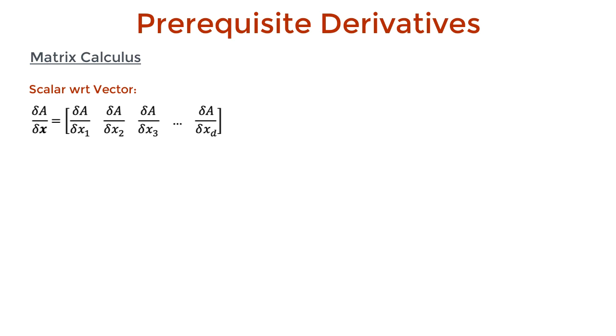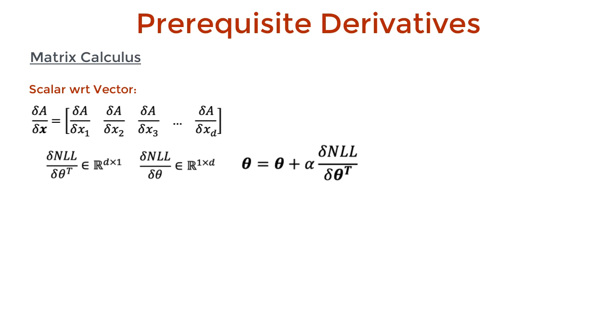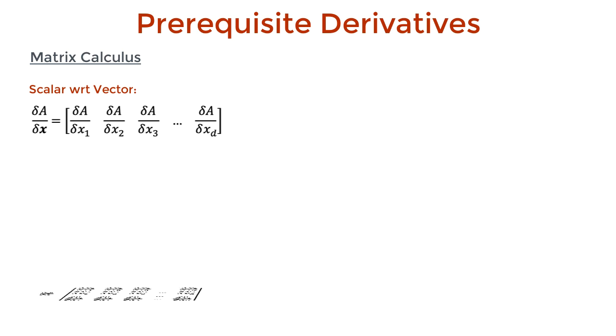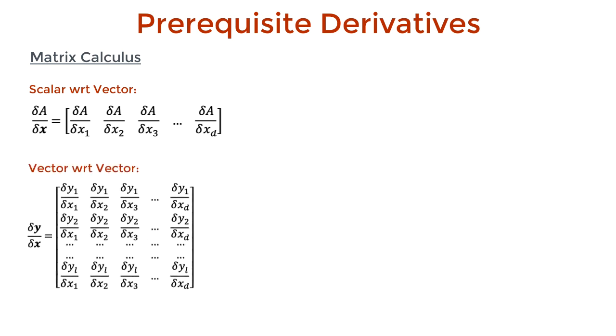The shape of this vector is actually very important to note, and that is why I use delta NLL by delta theta transpose in the update equation instead of delta negative log likelihood divided by delta theta with no transpose. You can compute the shapes of the left-hand side and the right-hand side yourself in order to verify that both are d-dimensional column vectors.